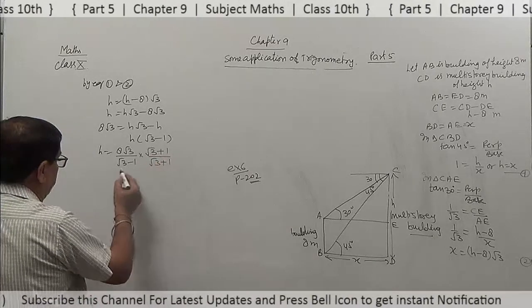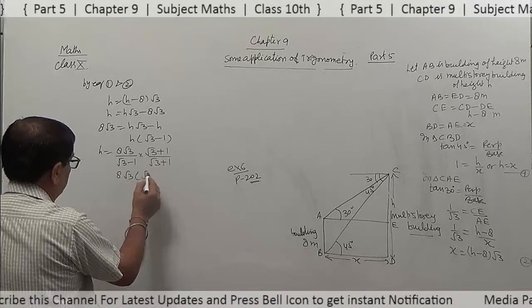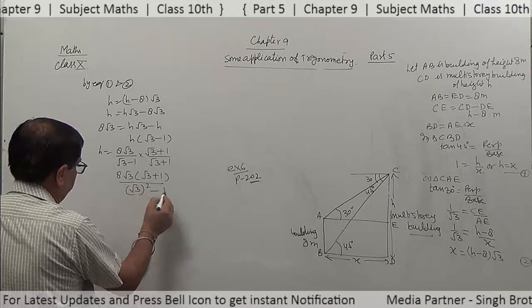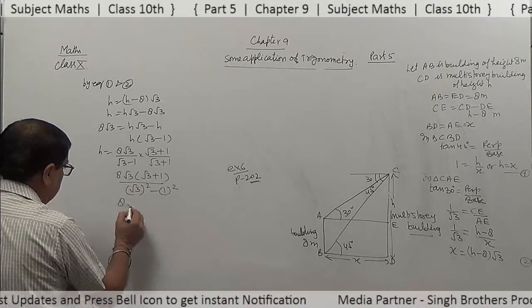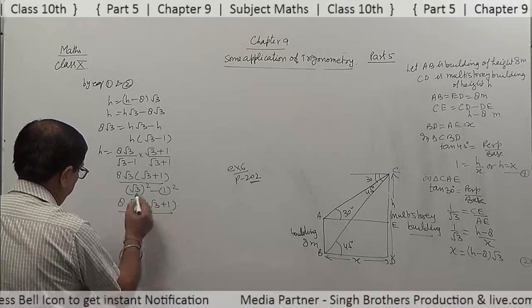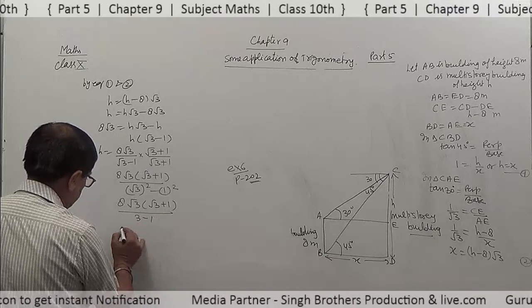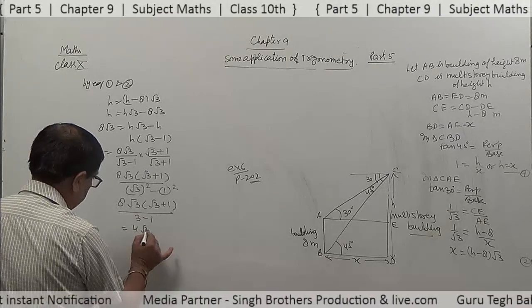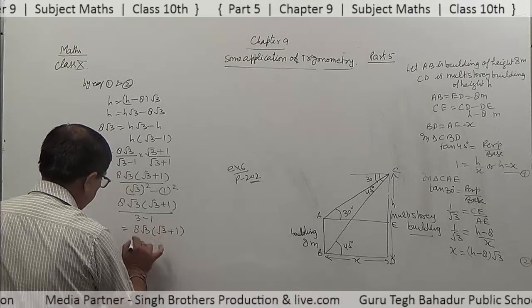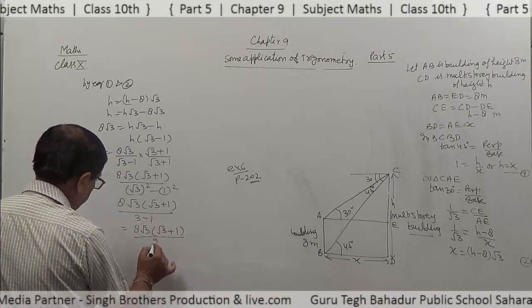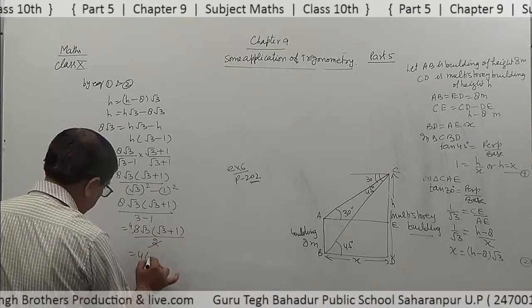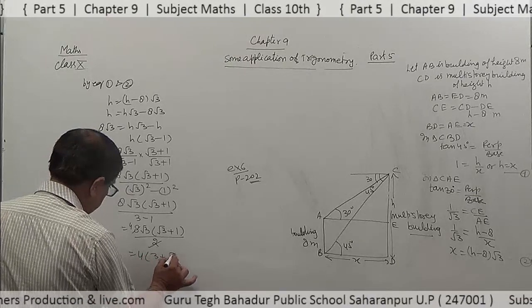Using a minus b times a plus b equals a square minus b square, we get 8 root 3 into root 3 plus 1 upon 3 minus 1, that is 4 root 3 into root 3 plus 1, which gives 3 plus root 3.